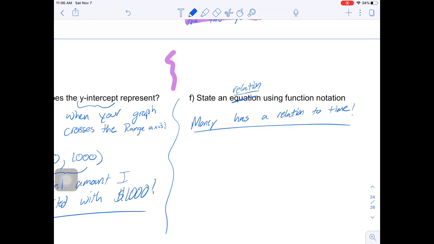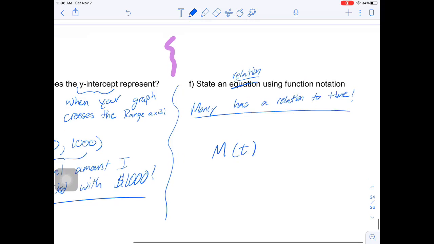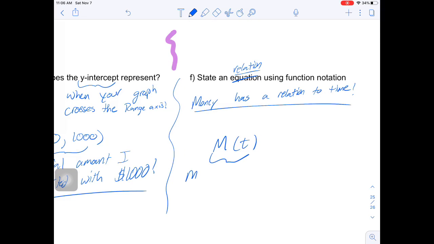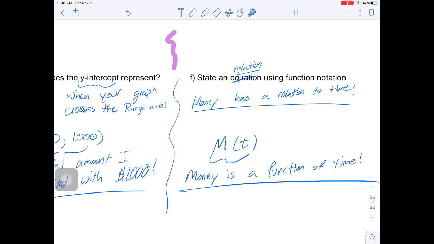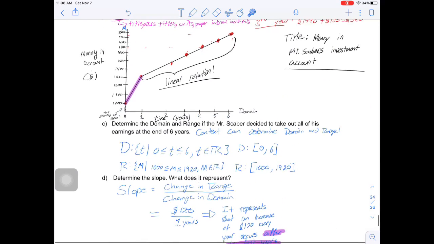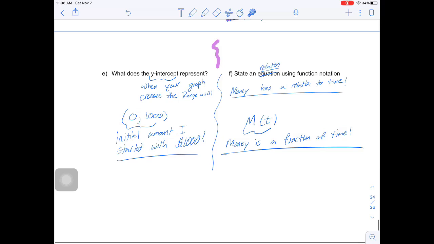Using function notation, I'm going to say m is a function of t, which is true. Money is a function of time. In the next chapter, chapter 6, we're going to learn how to find these equations, which is pretty cool.